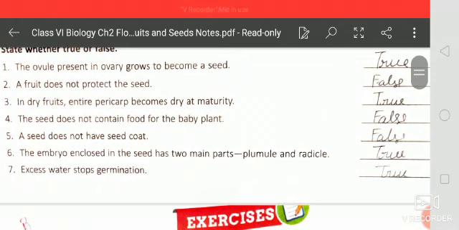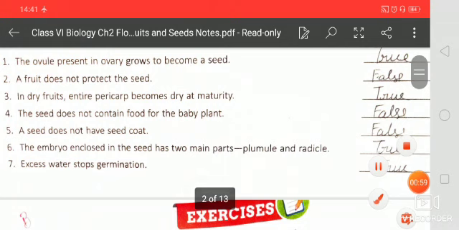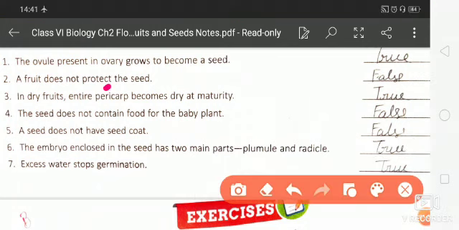The ovule present in the ovary grows to become a seed, that is true. If the fruit does not protect the seed, it is false, because the seed is inside the fruit. In dry fruits, the entire pericarp becomes dry at maturity, it is true.